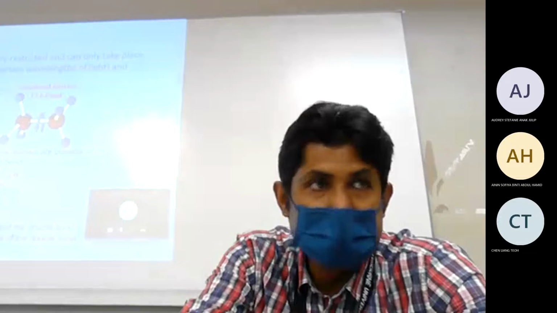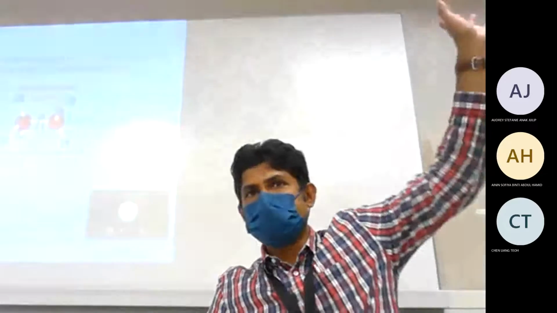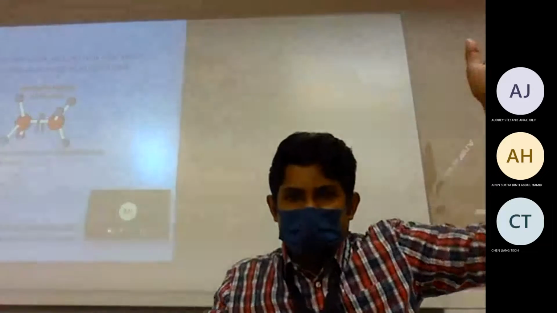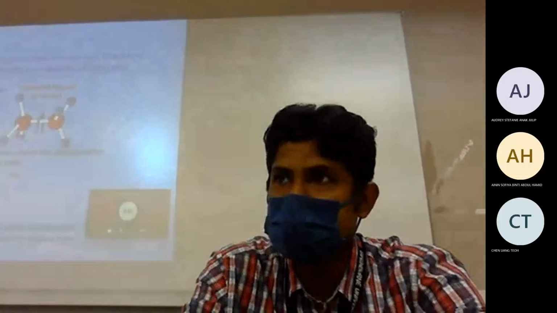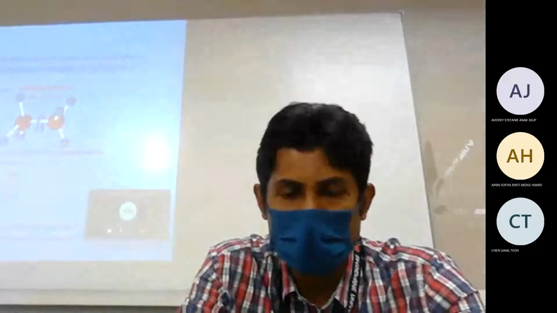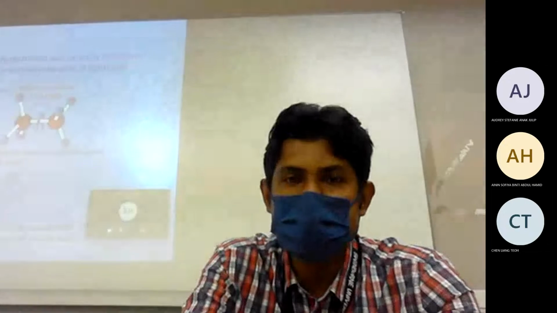There are two groups, R represents one group. If the groups are on the other side, it is a trans. If they are on the same side, not on the same carbon but two different carbons, on the same side of the double bond, it will be cis.